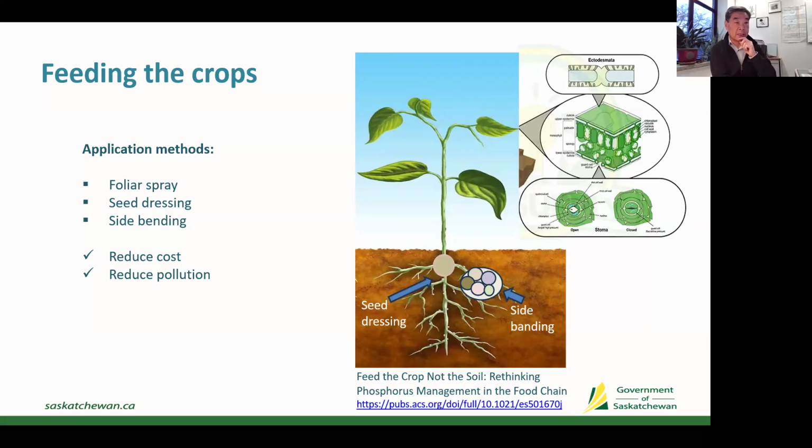And once you put a lot of those nutrients, phosphorus, into it, they start to react with the calcium and form this kind of unavailable P rocks.